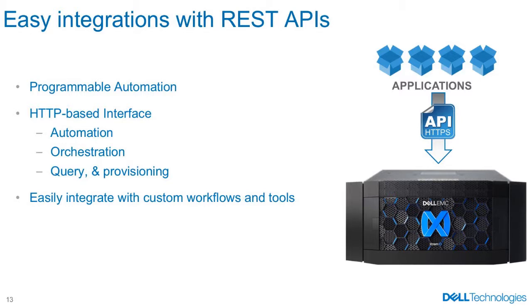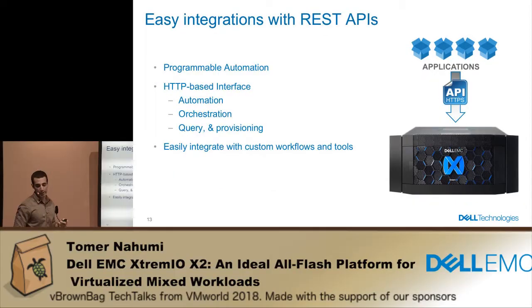Another really strong functionality of XtremIO is that it has a full REST API, which means that you can automate, orchestrate, and provision almost every component of XtremIO, whether you use Python, PowerCLI, or PowerShell. So you can integrate XtremIO components in order to create automation and workflows.